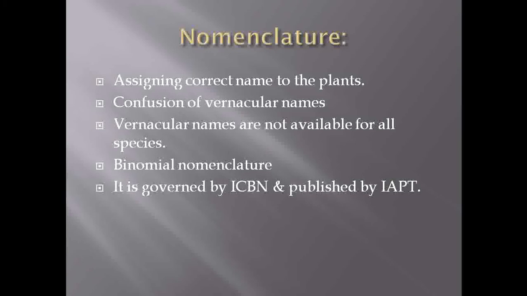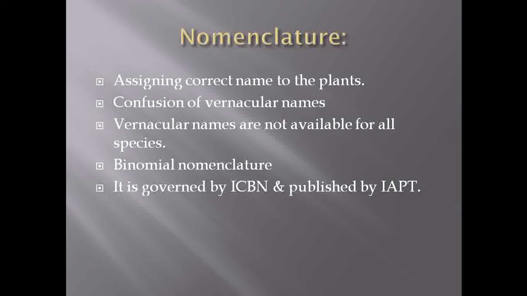For example, take Vigna trilobata. Trilobata means it shows the presence of 3 leaves. Then if I use the name Alba, it has a specific meaning, that is white. The meaning of Alba is white.